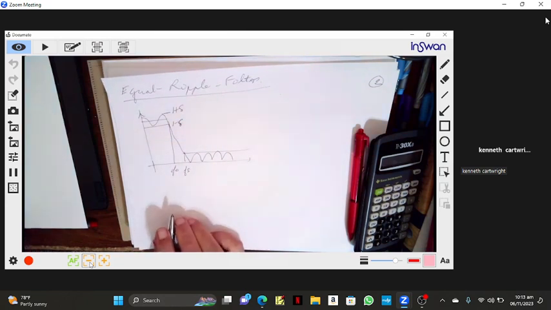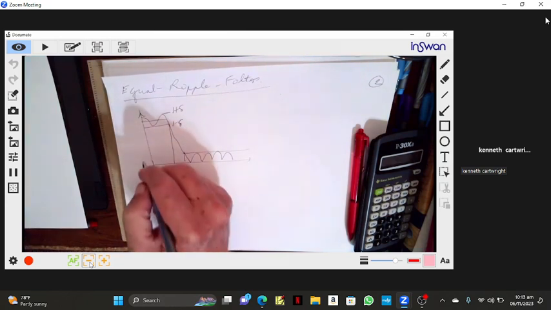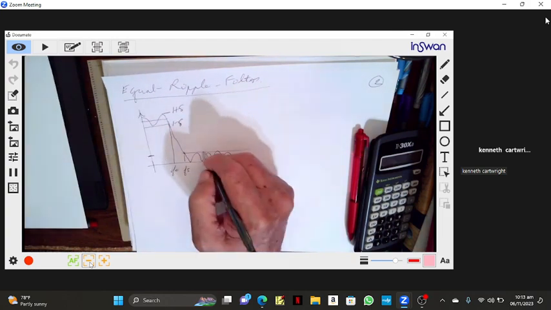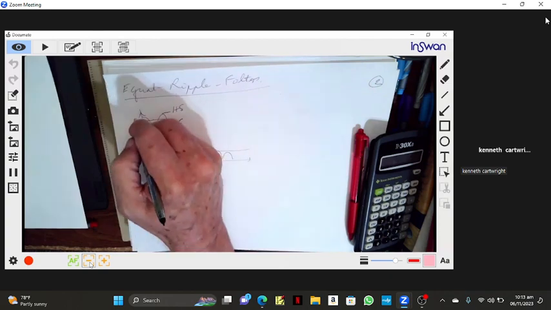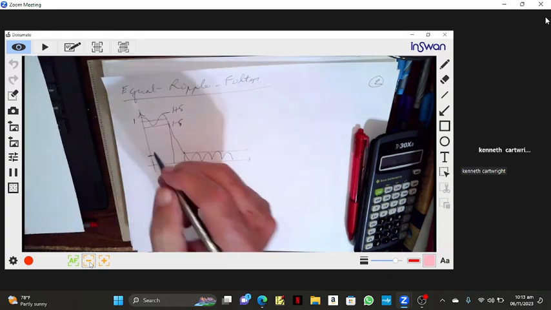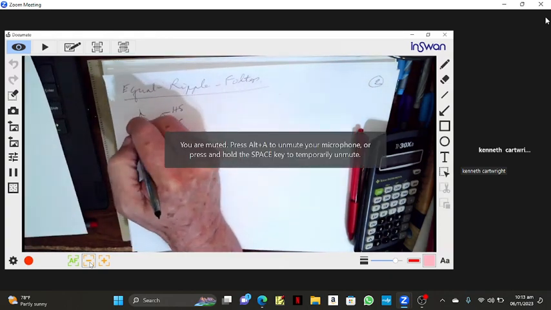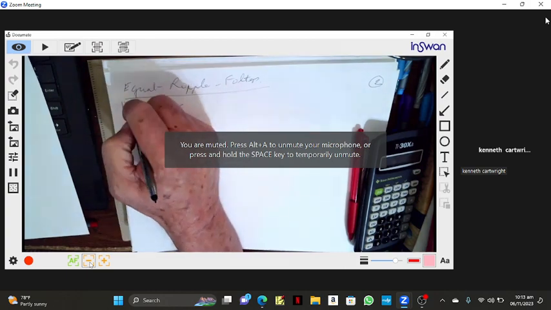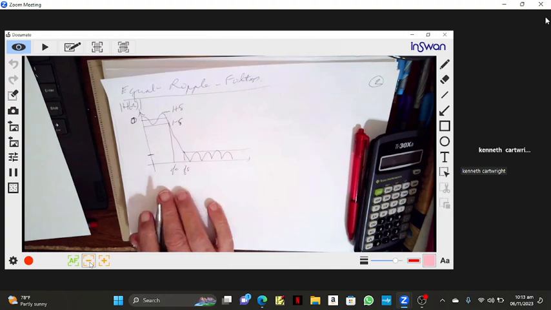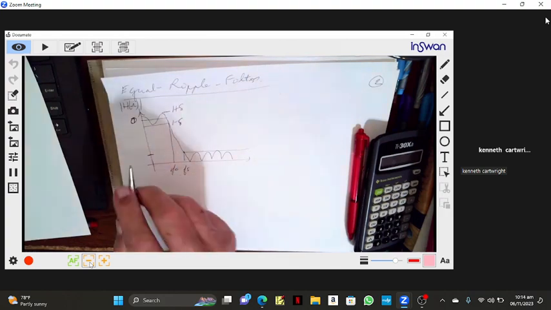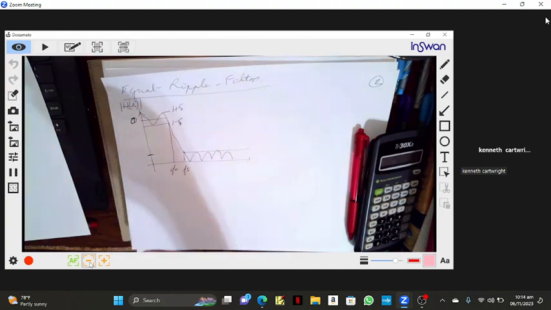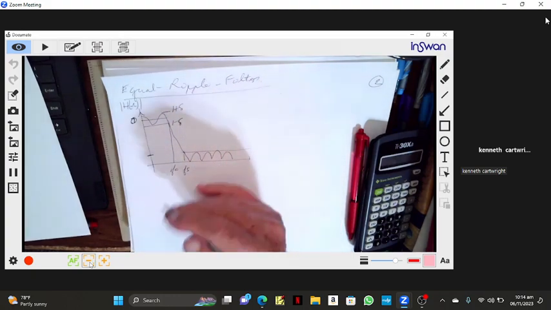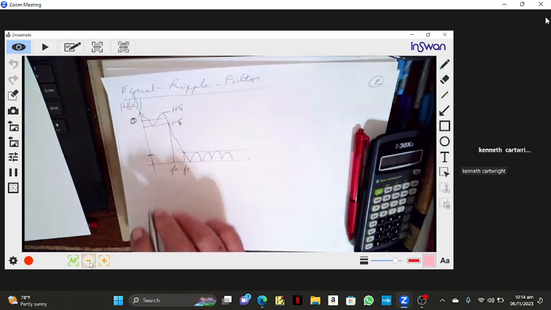And this level right here is called the stop band attenuation. If this is 1, and usually this is in dB, so that's 0 dB there. This is the magnitude. This is true of digital or analog filters.